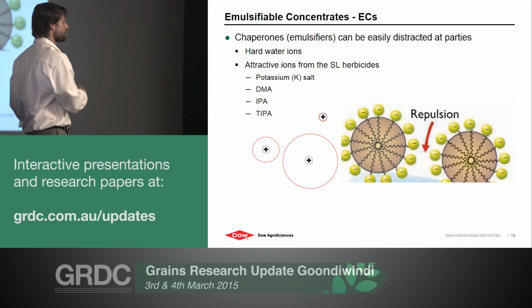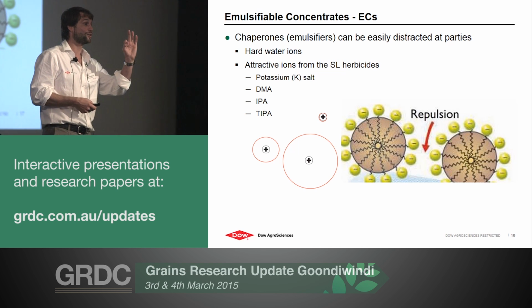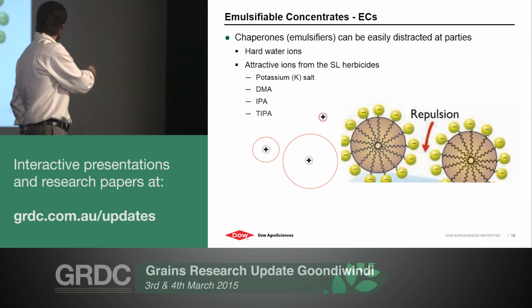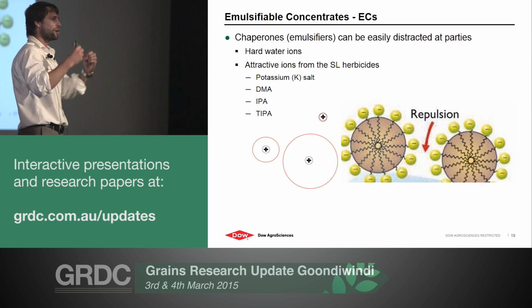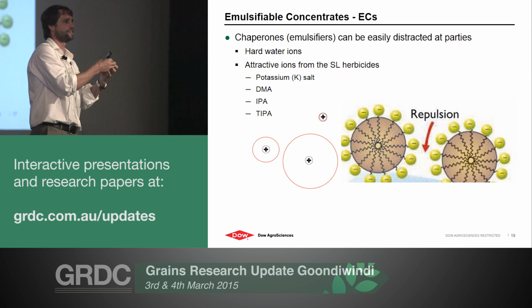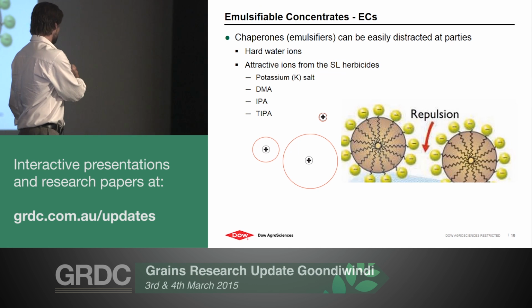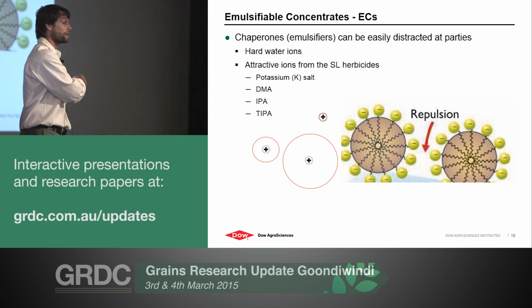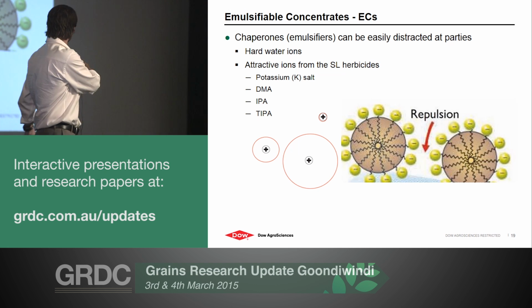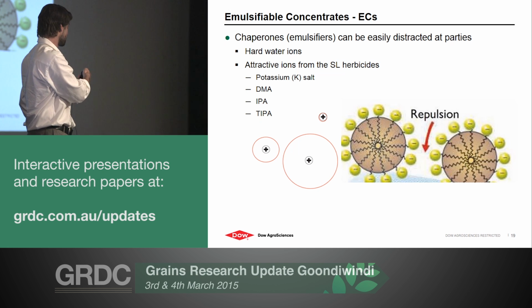Something like a K salt is a really tiny molecule with a high charge density, the same charge. So it can get in amongst this and cause the oil droplets to now interact and collapse, or cause coagulation and cause a mess. So this is why a lot of the K salt glyphosates don't mix as well with a lot of ECs, is you get problems with this ion getting in between there.